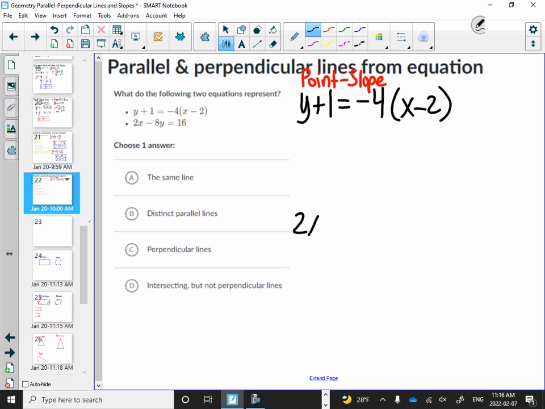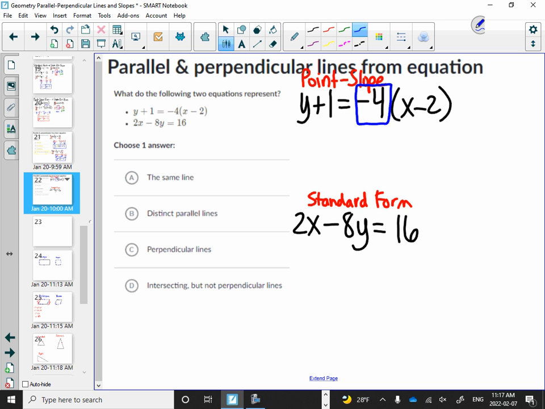And yes, this is standard form. Now, some people say that they can just look at this and automatically have the slope. Right? Because aren't we going to look at their slopes? Can I look at standard form and see the slope? No. Some people like to convert this to slope-intercept form and convert this to slope-intercept form and just know I'm going to convert everything to slope-intercept form and then take a look at it.